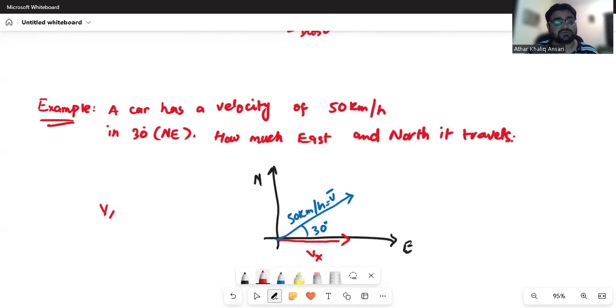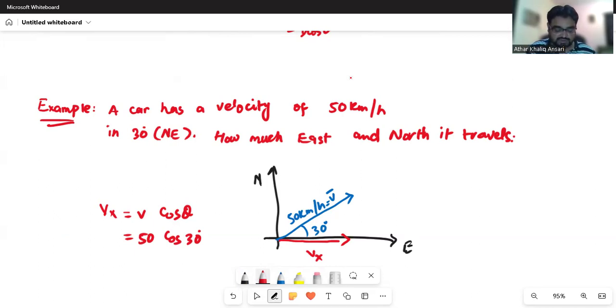So Vx you will find by V times cosine theta, and V is 50 times cosine 30. So when we are going to find 50 times cosine 30, you need to hold your calculators, and in the calculator you need to write the value of cosine 30 and multiply it with 50. So let me try it.